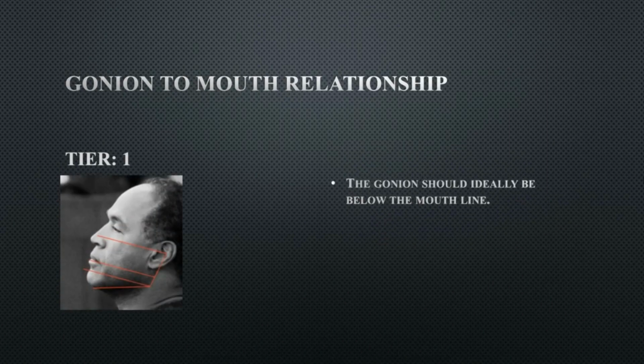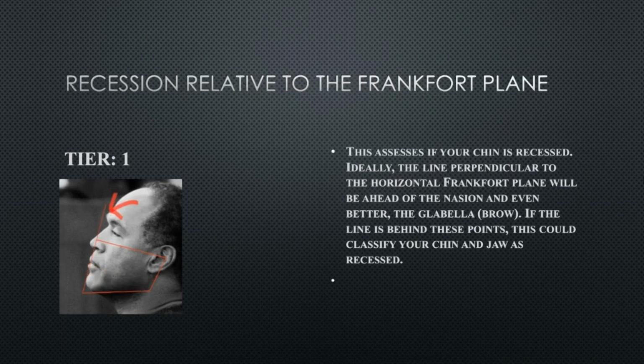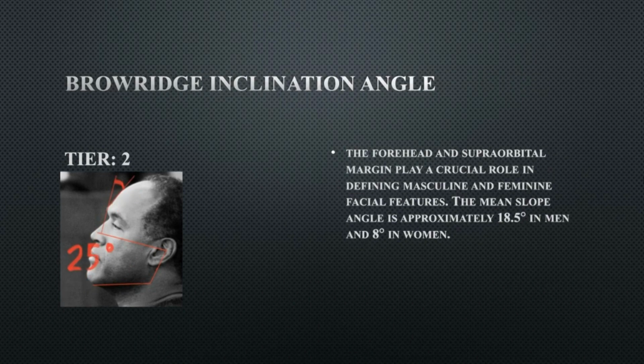His gonio to mouth relationship: your gonion, the actual bone, is supposed to be below the mouth. This tells me that you do have a wide jaw body and that you do have proper alignment. This measurement measures how recessed your jaw is, and as you can see, his chin is past his glabella and also his nasion, and he is not recessed at all.